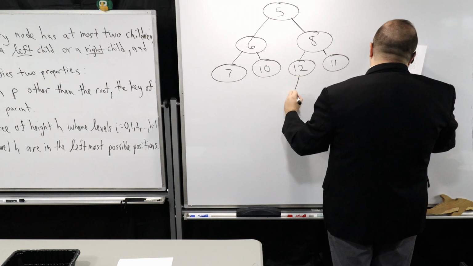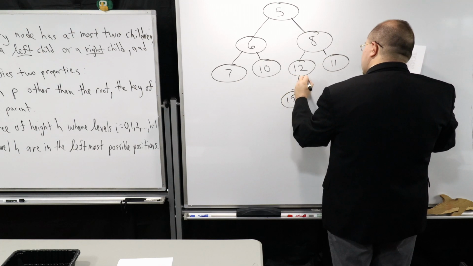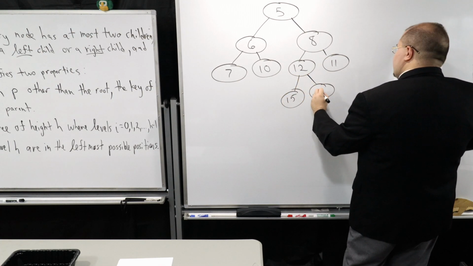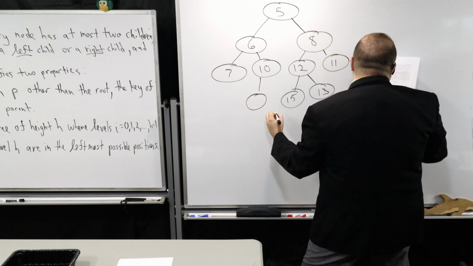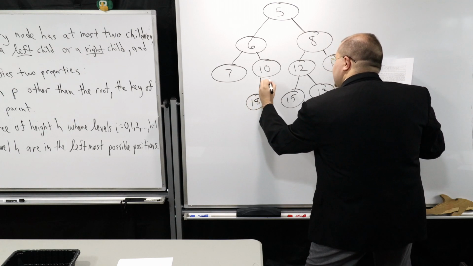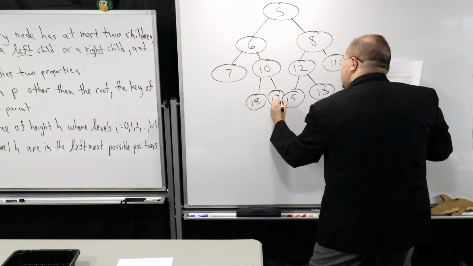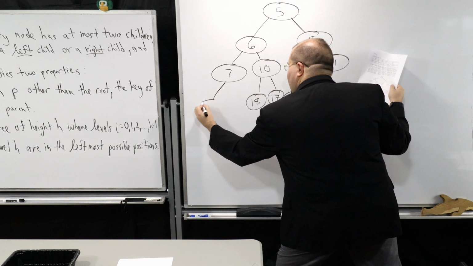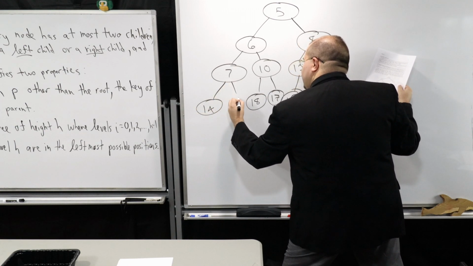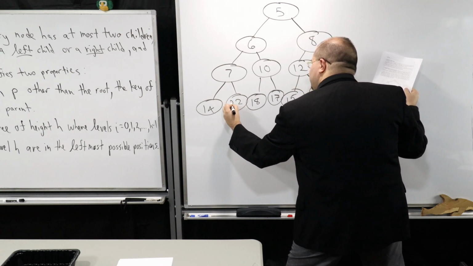For the children of 12, I'll have 15 and 13. For the children of 10, I'm going to have 18 and 17. And for the children of 7, I'm going to have 14 and 22.